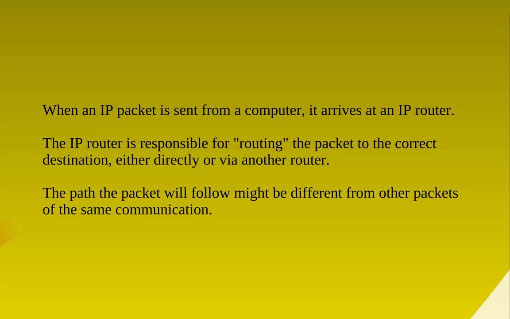So it's that responsibility of the router to route that packet out to the correct destination. Usually it goes out and talks to a whole bunch of other routers before it actually gets to its destination. One thing to note too, the path that the packet might follow could be totally different from other packets in the same communication. The internet is very good about managing congestion so that if things get all tied up between two locations, the packets, the routers, they'll know to route around that.